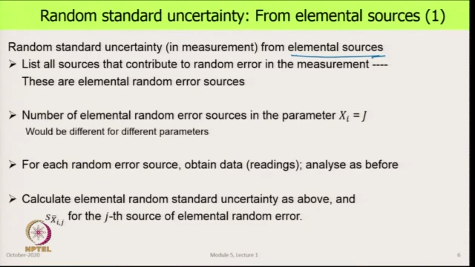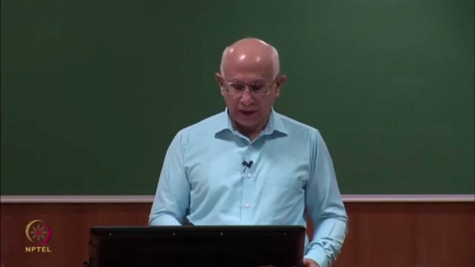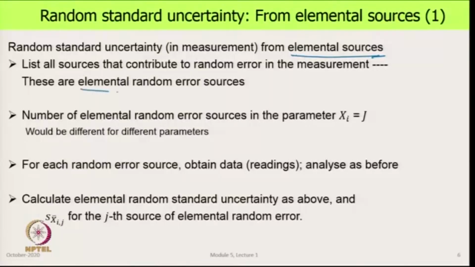So, what we do first, we list all possible sources of error in a measurement, and we do that for every measurement. And from all those possible sources of error, we identify those which can be estimated on the basis of data, and they are random in nature. So, these are the elemental random error sources.